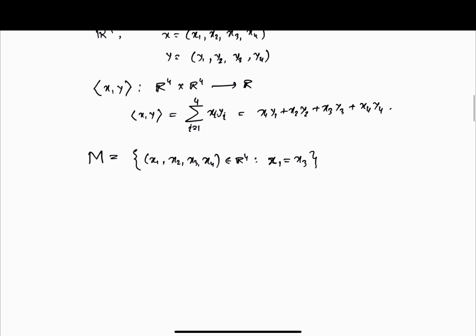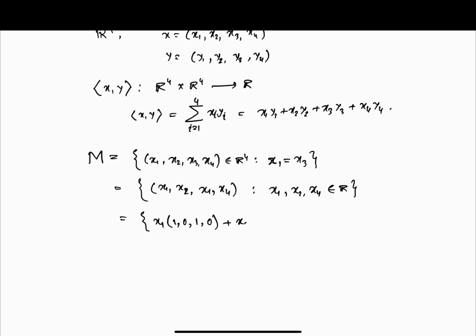Let's find the dimension of M. As x1 equals x3, we write the vector as x1 x2 x1 x4, where x1, x2 and x4 are real numbers. This can be written as x1 times (1 0 1 0) plus x2 times (0 1 0 0) plus x4 times (0 0 0 1).